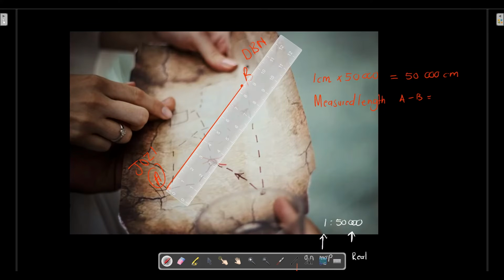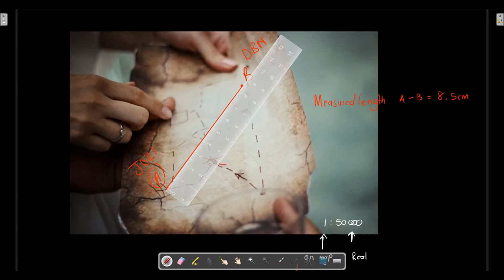I'm just going to say 8.5 centimeters. So that is the measured length. And now I'm asking you to convert this measured length of 8.5, because this 8.5 centimeters, guys, is just telling us that on the map, when you move from Johannesburg to Durban, it's 8.5 centimeters.